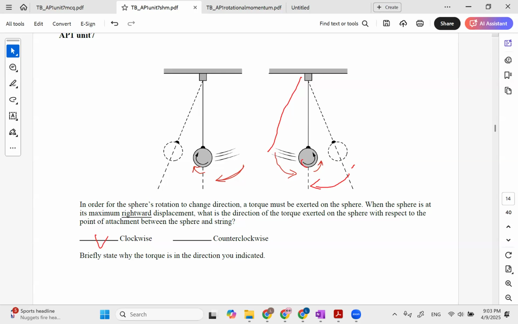Force, like linear, yeah. This would be gravitational force, right? Yeah. So your gravitational force, when you go down and get to the left end, gravitational force creates a clockwise torque. Got it?